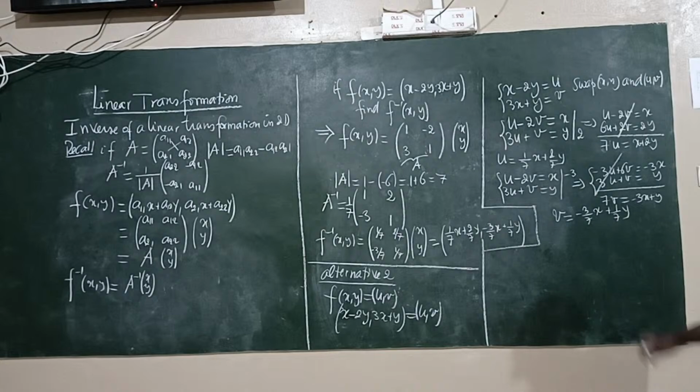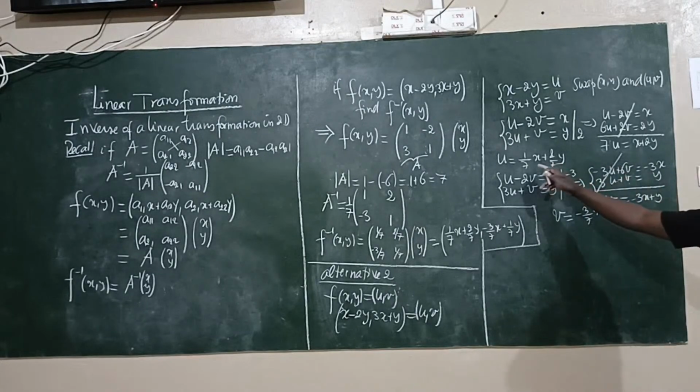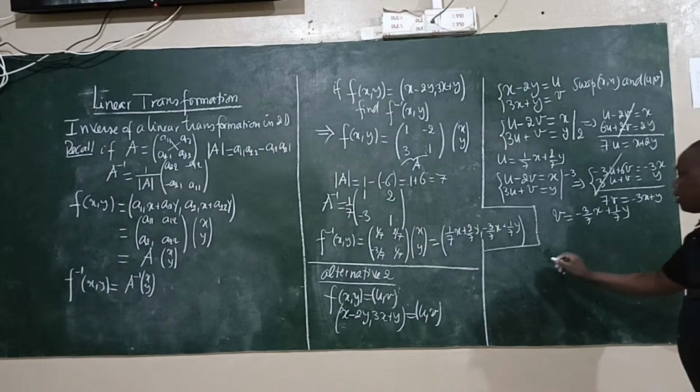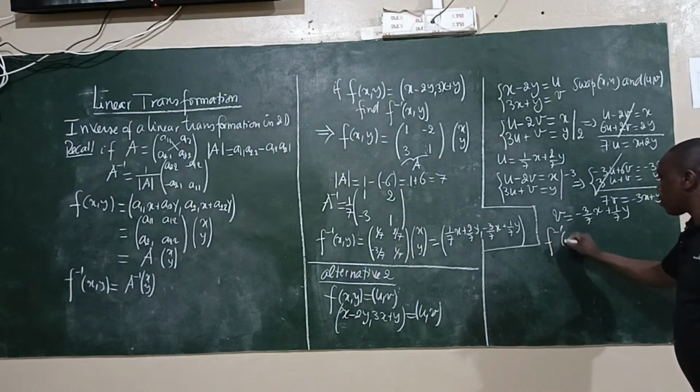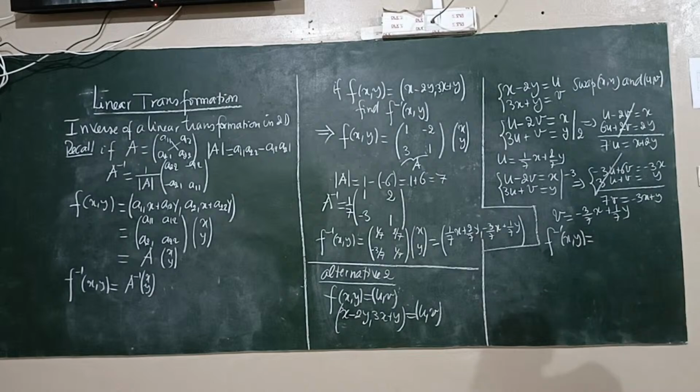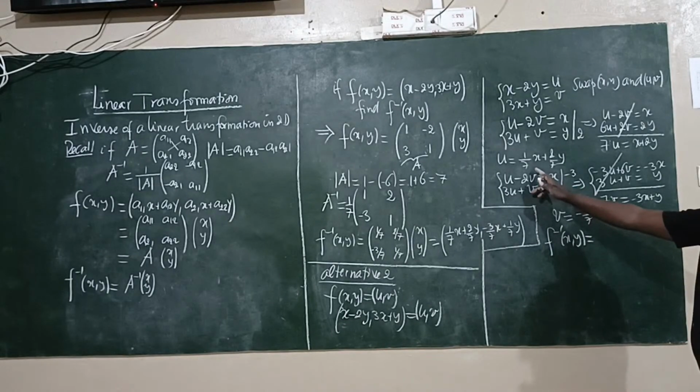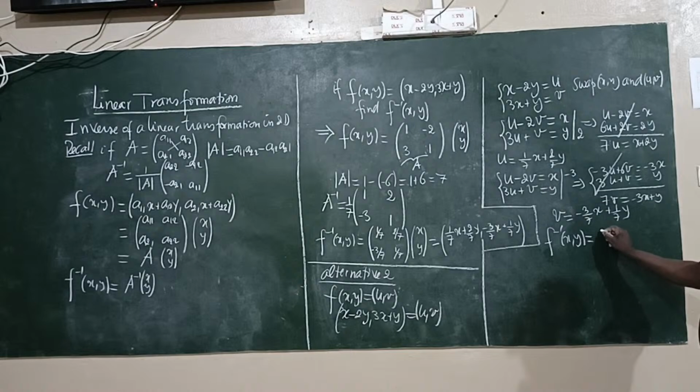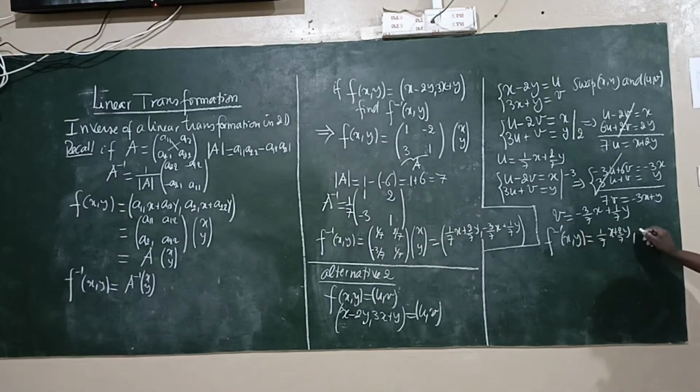In other words, because we now have the value of u and the value of v, the inverse function will be given by u, which has this value: 1 over 7x plus 2 over 7y, comma, our v is minus 3 over 7x plus 1 over 7y. As you see, the inverses are the same, guys.